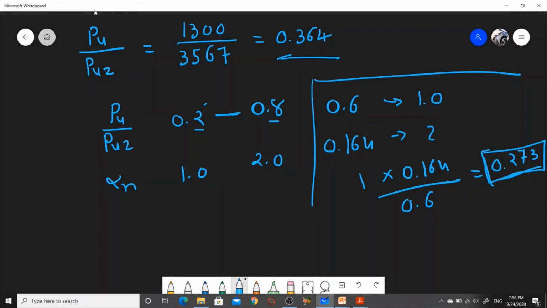So alpha n is equal to 1 plus 0.273. So alpha n value is 1.273.